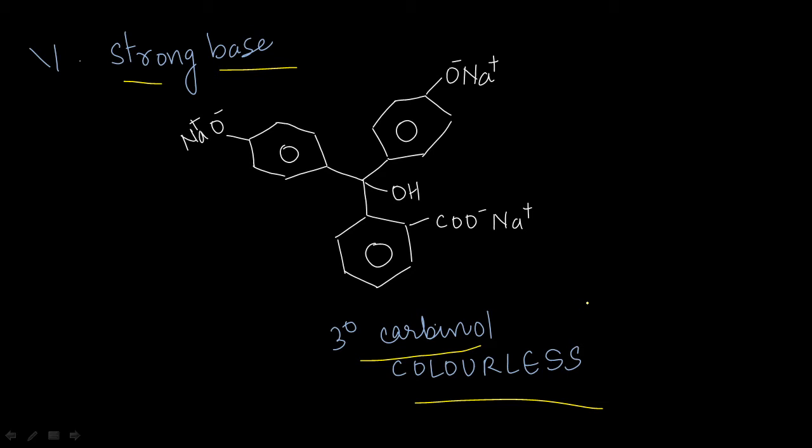From pH 3 to 7 we can detect change. 3 to I guess 10, 9, something like that. But beyond that, when the base is very strong, as you can see, this is a structure that is formed as a result of the presence of very strong base, and it is known as a 3-degree carbinol, and it is colorless, right?